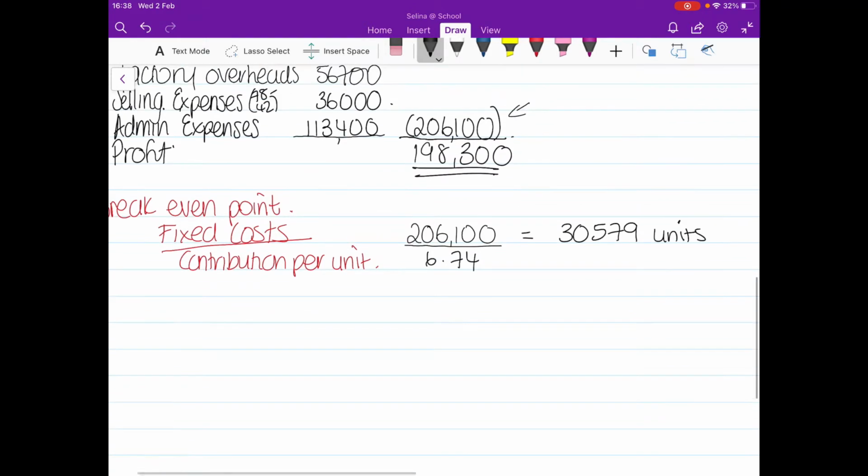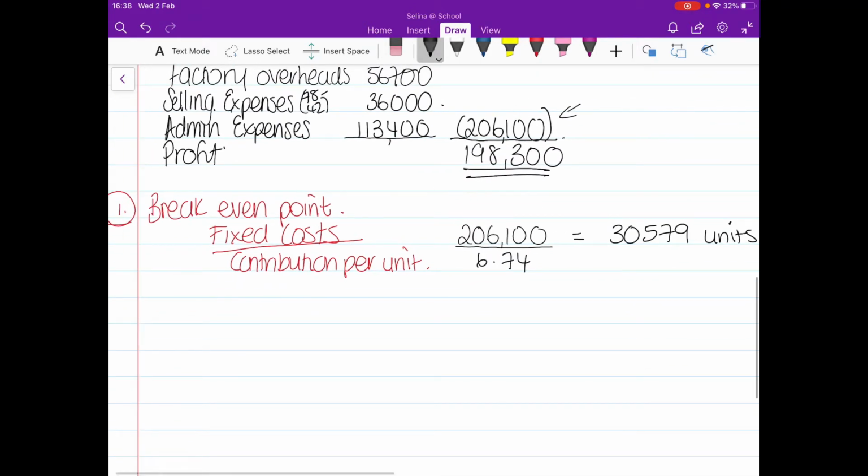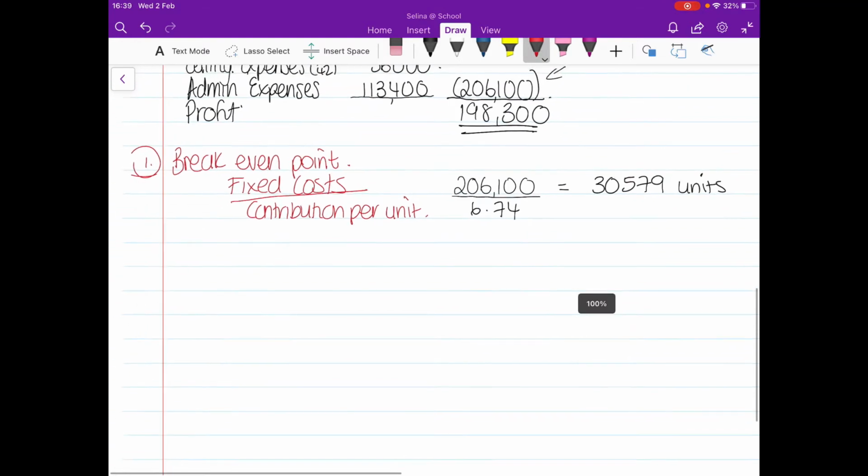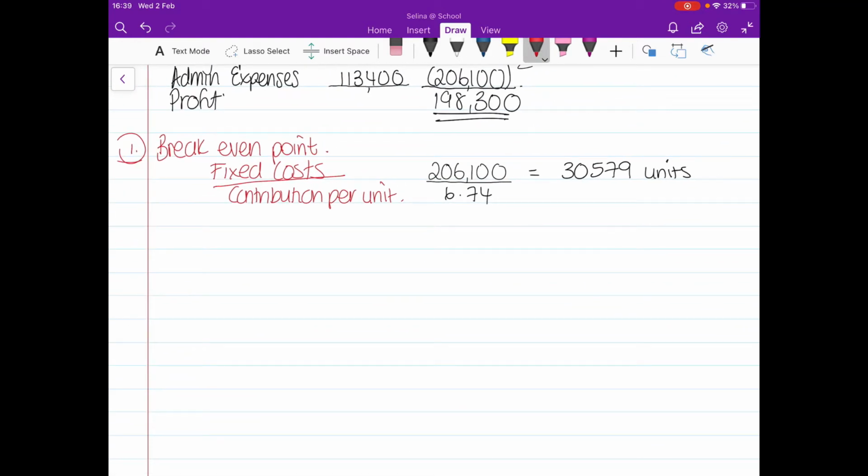Okay, next part of that one was to find the margin of safety. So this is looking at our current level of sales minus our break-even point. So margin of safety. It's your budgeted sales minus your break-even point, BEP.